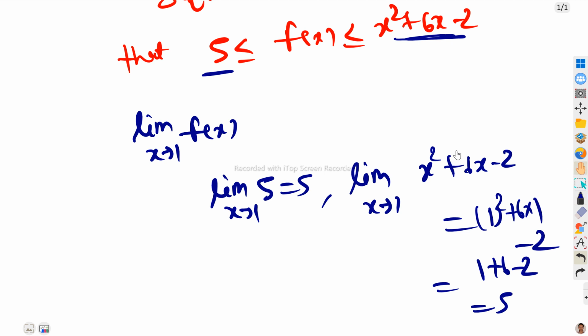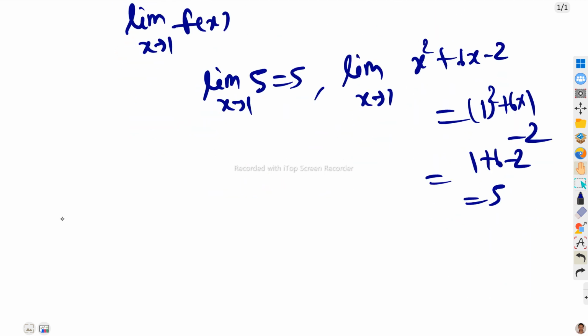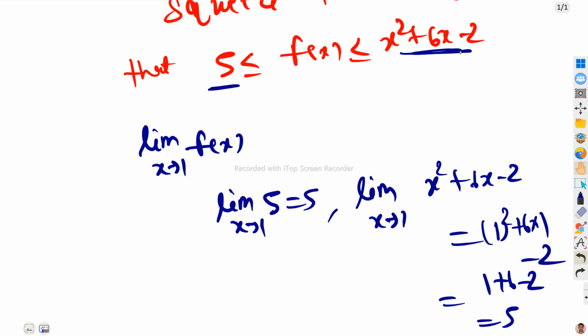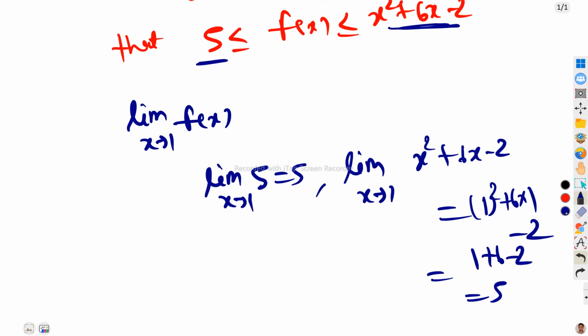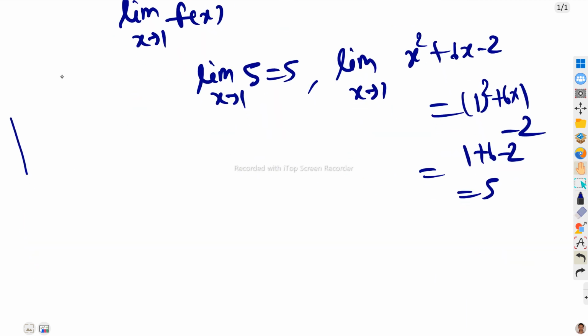So the functions on the extreme sides, 5 and x square plus 6x minus 2, go to the same limit 5. So f(x) also tends to the same limit as x tends to 1, and this equals 5 by the squeeze principle.